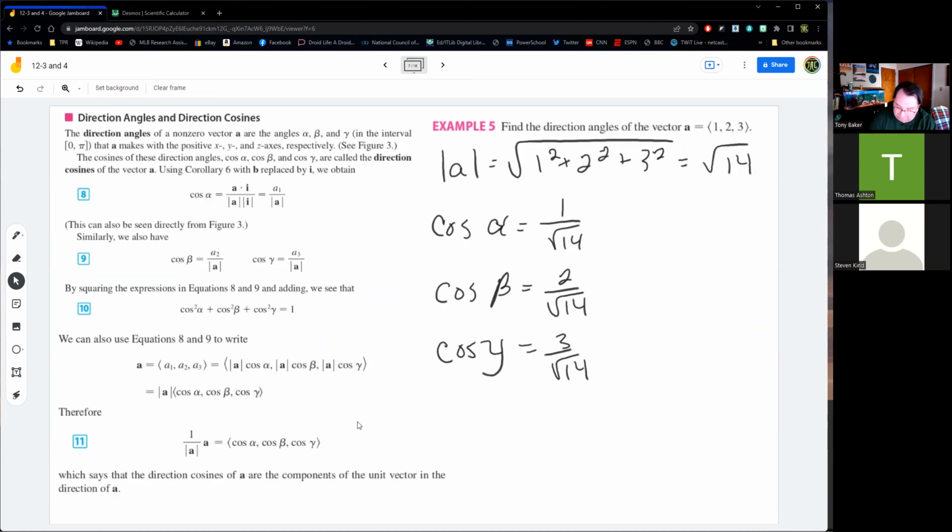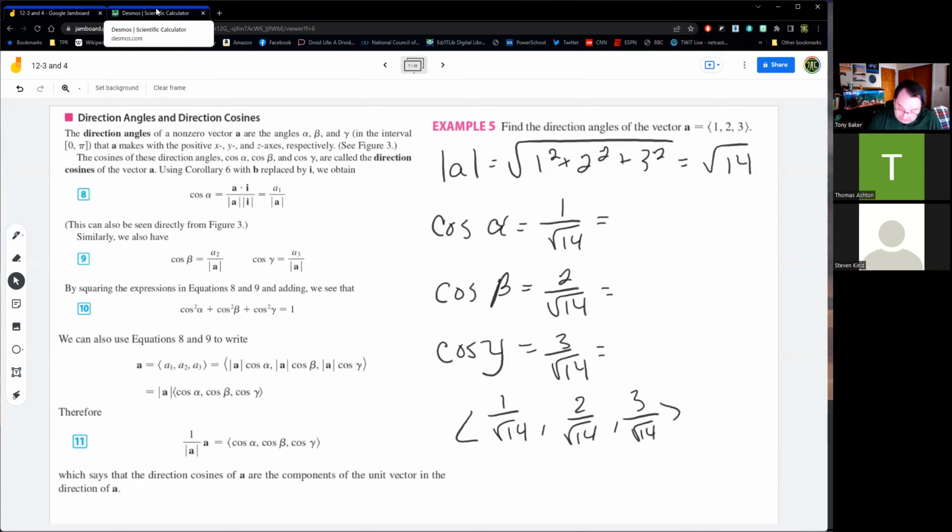So I can now find the arc cosines of each of these, and we can find my directional angles. We can write this in a couple different ways. We can actually write this as a vector: 1 over the square root of 14, 2 over the square root of 14, and 3 over the square root of 14. Not really useful, but you can.